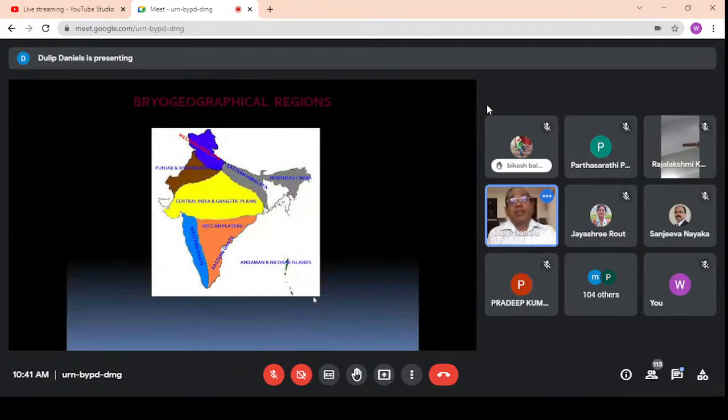In the 8 biogeographical zones, this is where I'm working. The Western Ghats is a long strip of mountain range running over 1,600 kilometers from Gujarat to Kanyakumari district, and this is actually split into north and south.